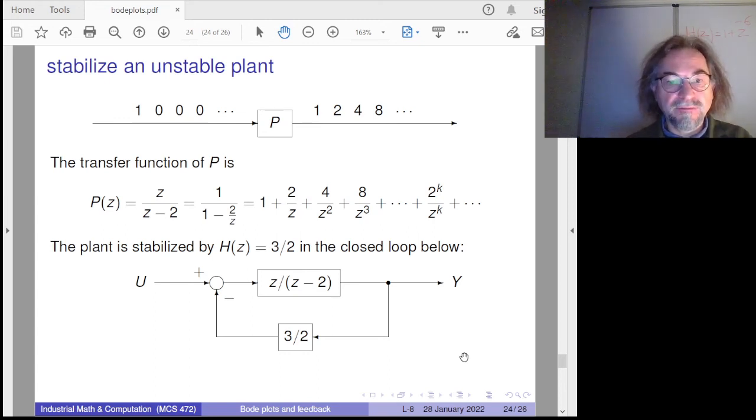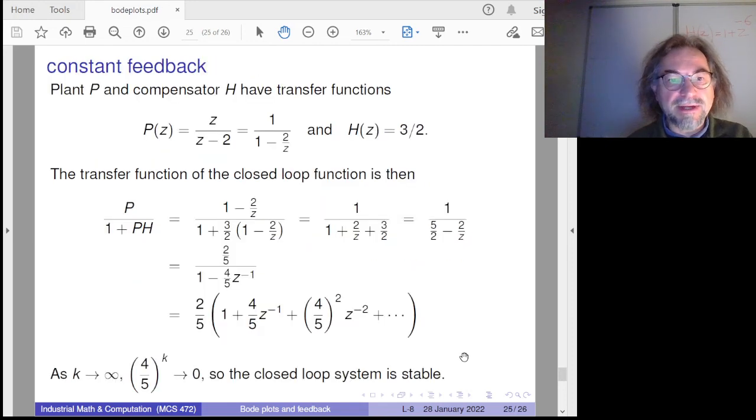But we can fix this with a constant compensator with ratio 3 halves. So the H here is represented by that ratio 3 halves. How come this is now a stable plant, or a stabilized process? Well, look at the closed loop function. The transfer function of the closed loop is then as follows.